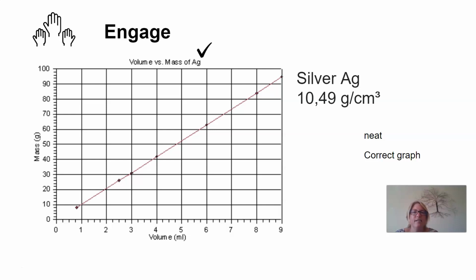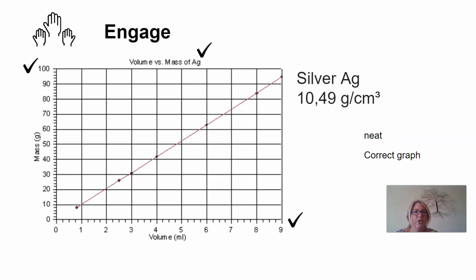In this case, our graph is about volume versus mass of silver. Then you need to remember that you have a vertical scale and that the scale is actually correct according to a type of number line. So you will see that there is a mathematical scale on the vertical axis.